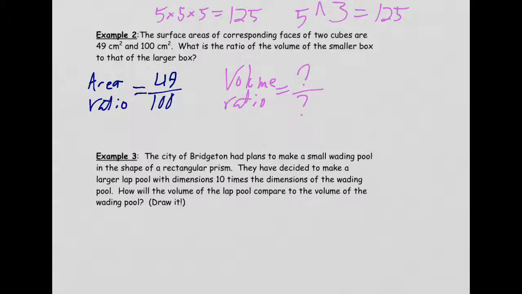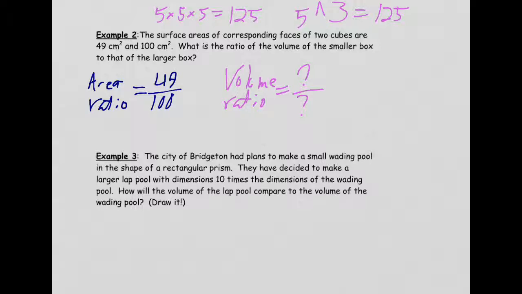Guys, can I go directly from area ratio to volume ratio? What do I have to find first? Say it. Yeah, the similarity ratio, or also known as the length ratio. So, how do I find just the length ratio? I gotta take one step back.